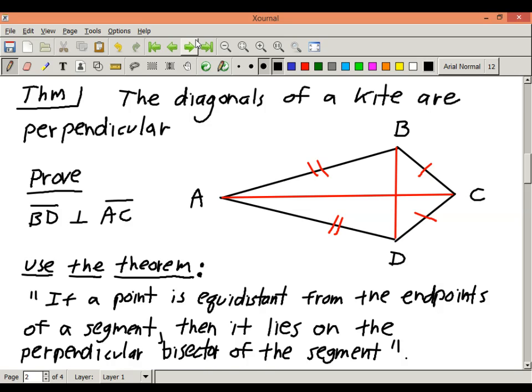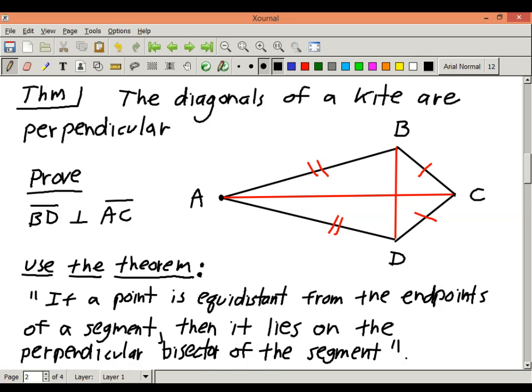You've got to reach back a little bit and remember a theorem that we had a while back. It says, if a point is equidistant from the endpoints of a segment, then it lies on the perpendicular bisector of the segment. If you focus on point A right here, that point A is equidistant from the endpoints of segment BD. You can tell by the two double marks there.